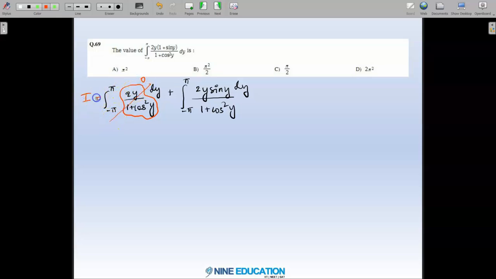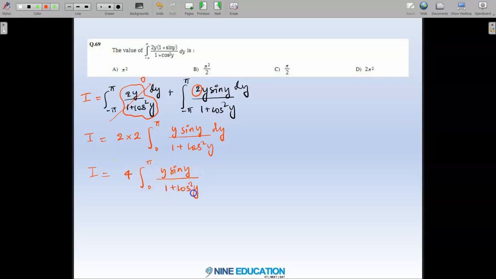And if this entire integral was, let's suppose, I, then we can say I is equal to this 2 we can take out, and then we can again apply the property, and one more 2 will come here, and this will be 0 to pi y sin y divided by 1 + cos square y dy. Okay, now this is 4 times of integral 0 to pi y sin y by 1 + cos square y dy.